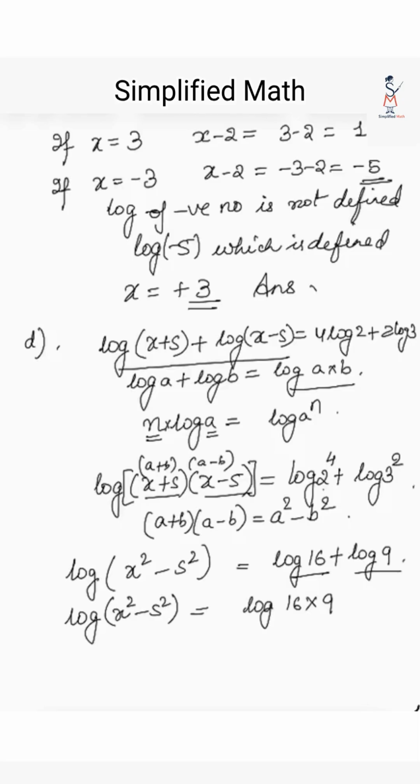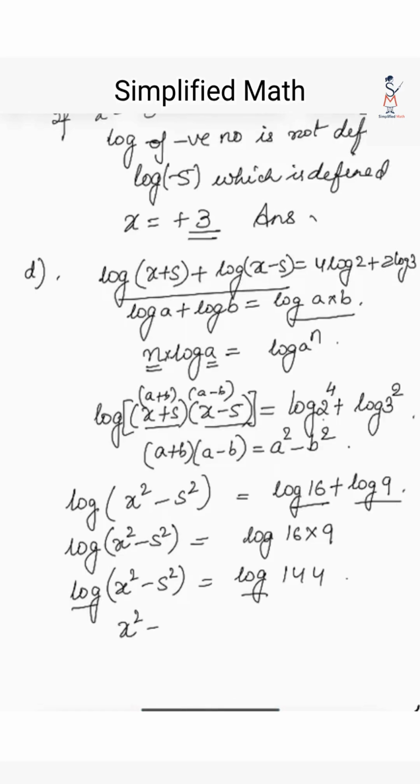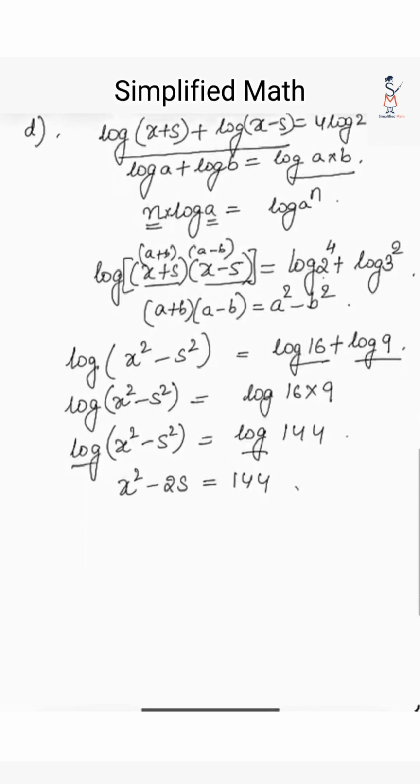Fine. Now it is log of x square minus 5 square is equal to log of 16 into 9, which is 144. So log gets cancelled. So x square minus 25 is equal to 144.